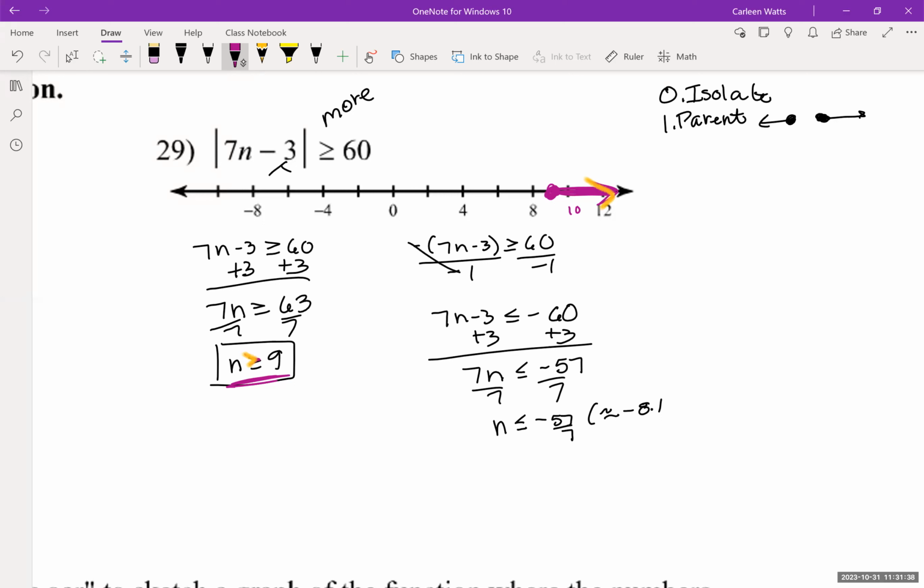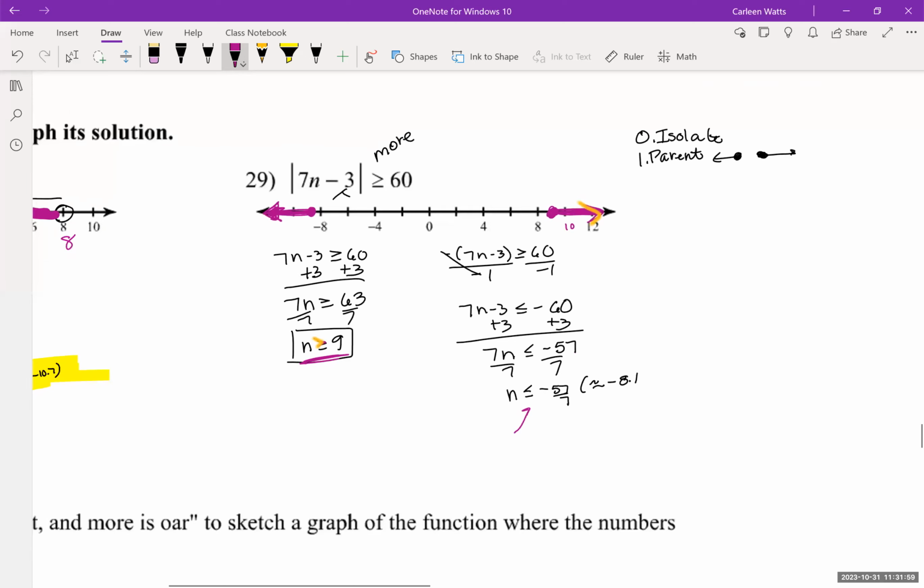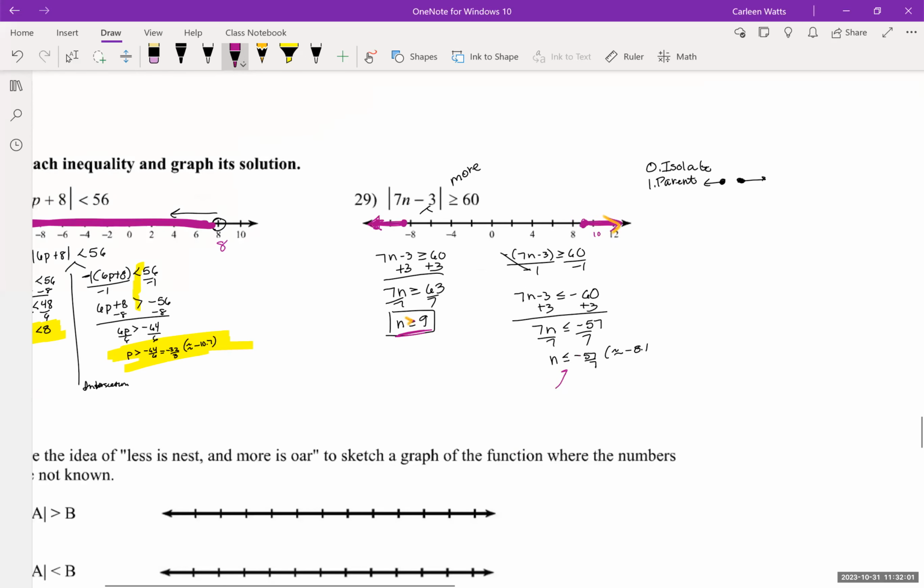Less than or equal to -57 sevenths, which will be right here. Look at that arrow. And there's our graph. It looks like ORs. It is a union. Oh, and there is one here. That's right. I forgot.